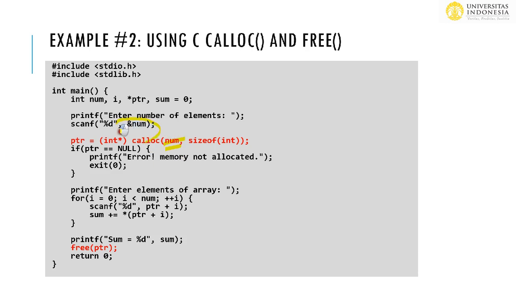So it depends on the number of elements inputted by the user, and the rest is the same, right? Scanf ptr plus I, and sum the content of the ptr plus I, and then do the summation until the end of the data, and then print the sum and free all the pointers that were used.